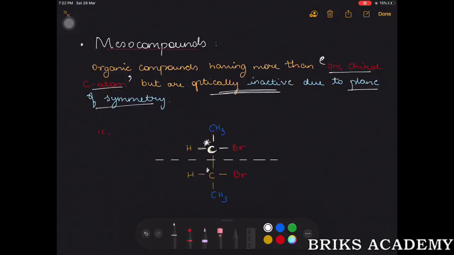And the next chiral carbon contains 4 different groups as well. Even though there are 2 chiral carbon atoms, the compound is optically inactive, and you know the reason already, because of the plane of symmetry. When this compound is folded in the middle, the compound superimposes or overlaps. Hence, these types of compounds are called mesocompounds.